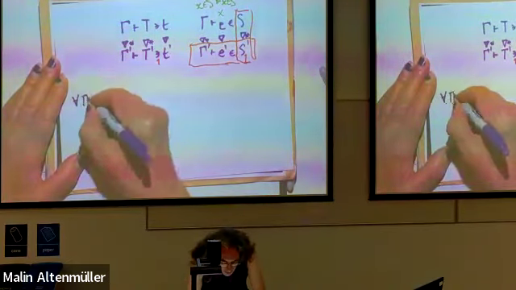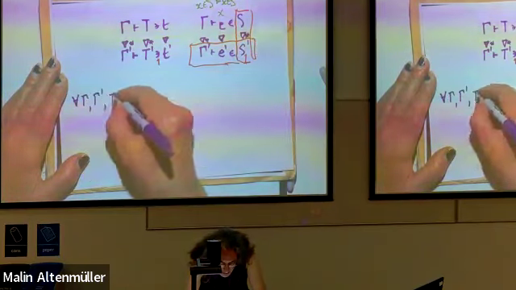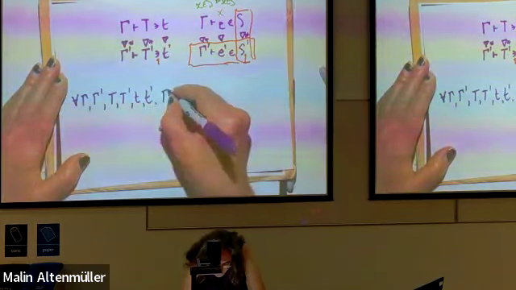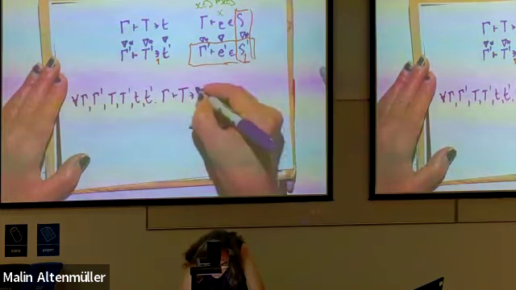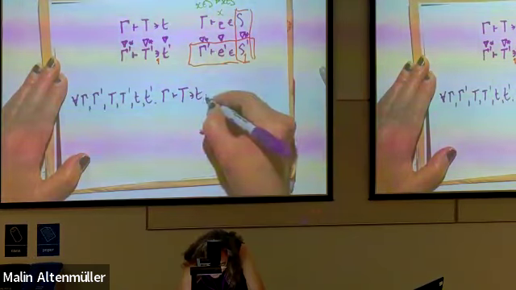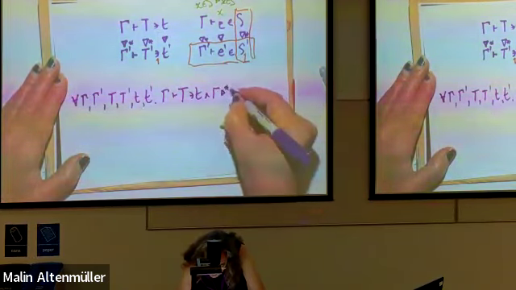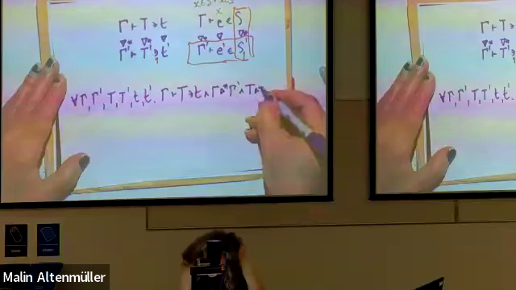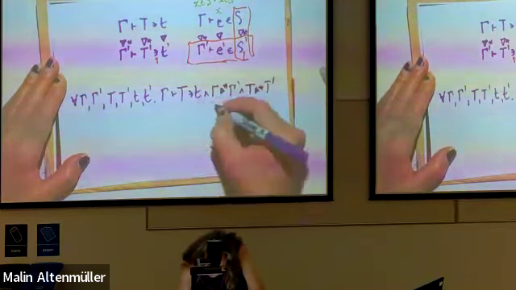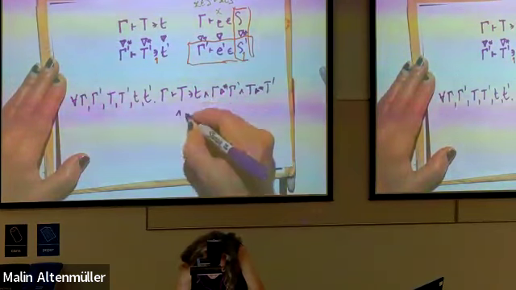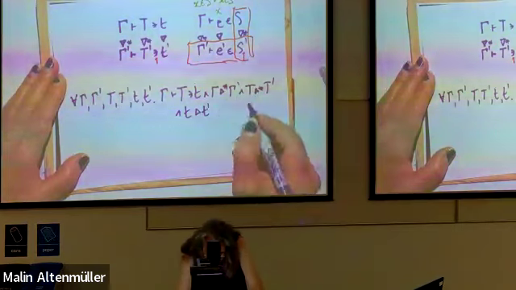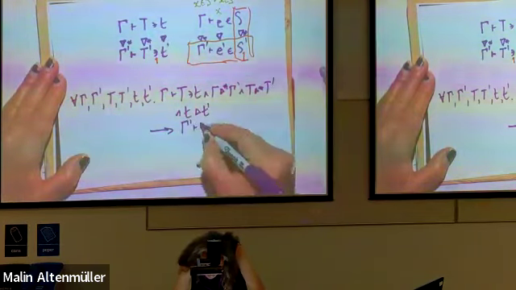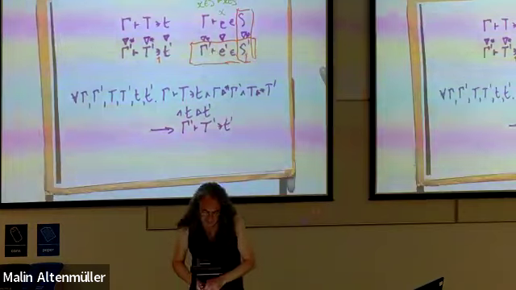For all gamma prime, T prime, little t prime, if gamma says big T accepts little t, and gamma computes arbitrarily to gamma prime, and big T computes arbitrarily to big T prime, and little t steps to little t prime, then gamma prime says big T prime accepts little t prime.